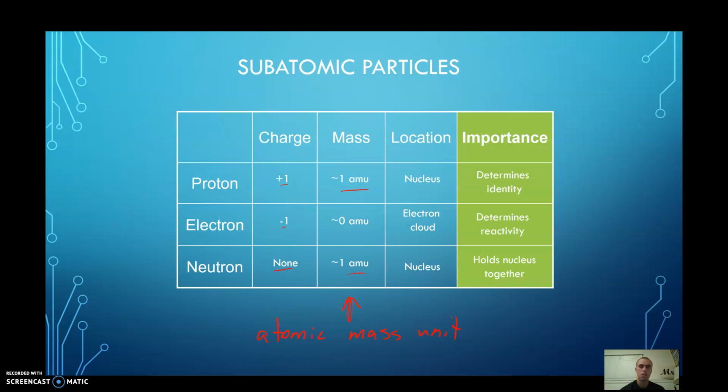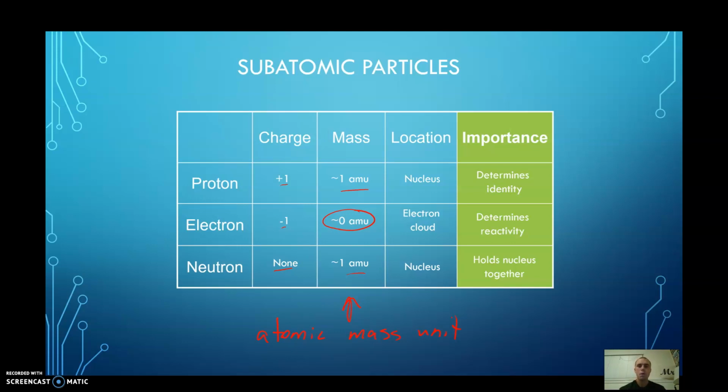Protons and neutrons both have a mass of about 1, and electrons have a mass of about 0. Obviously it's not exactly 0, because an electron is something, so it has a mass. It's just a very, very small mass that we consider negligible when we count mass.